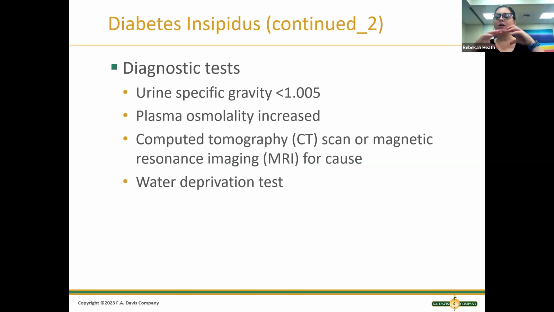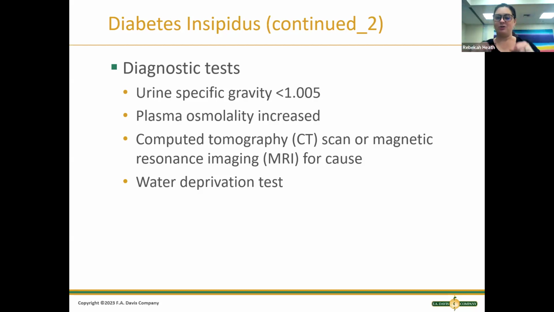We are getting rid of so much extra fluid that our blood, with all the red blood cells, the white blood cells, plasma, the platelets, everything is becoming more concentrated because we don't have as much fluid.